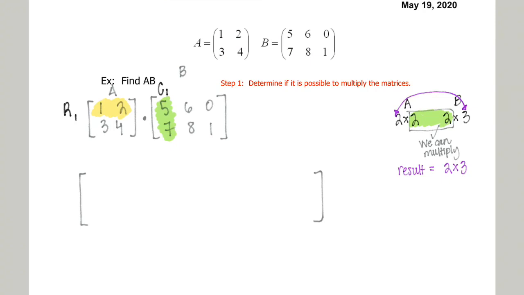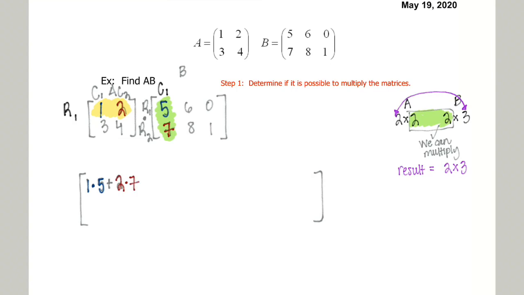We're going to take row 1 of the first matrix times column 1 of the second. So 1 times 5, plus 2 times 7.